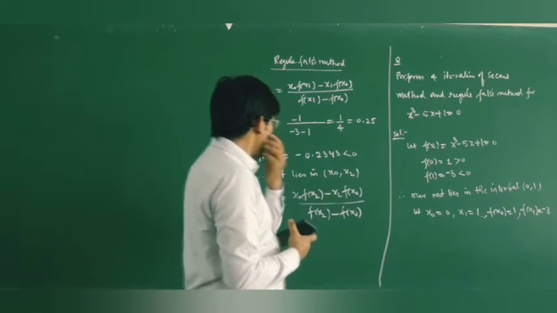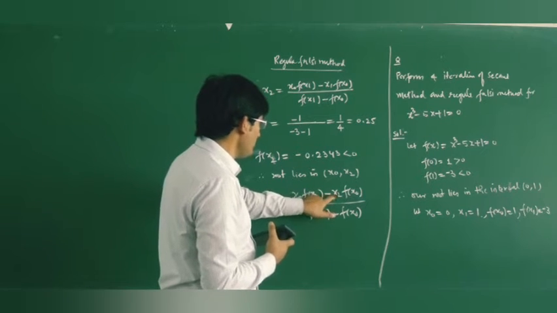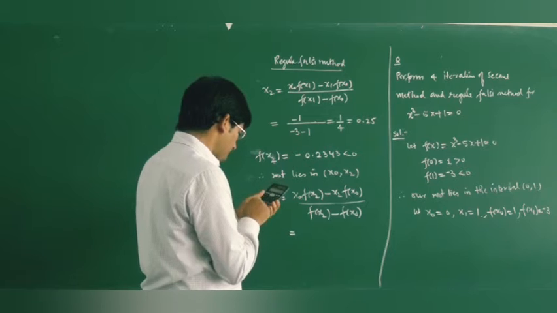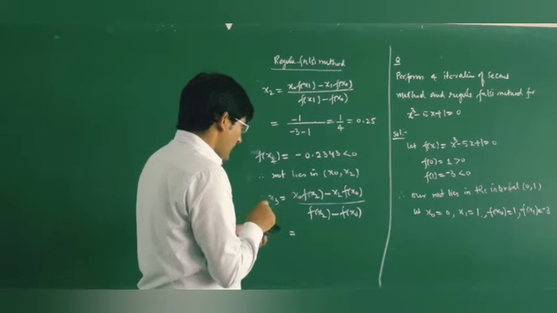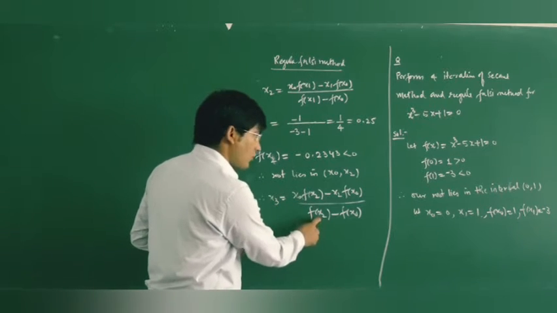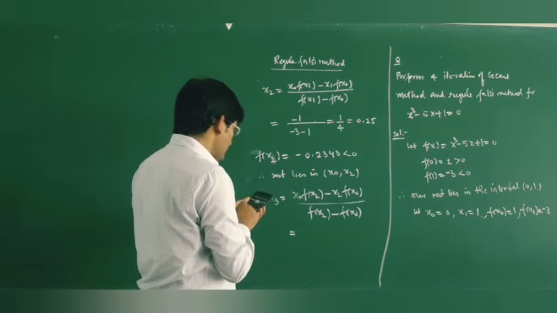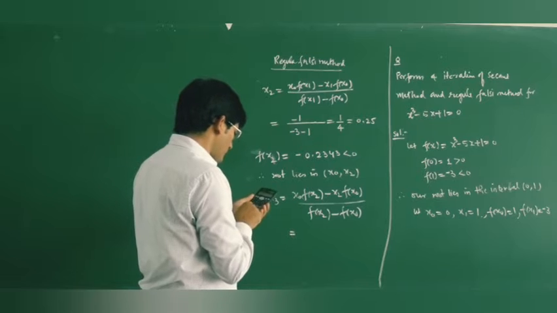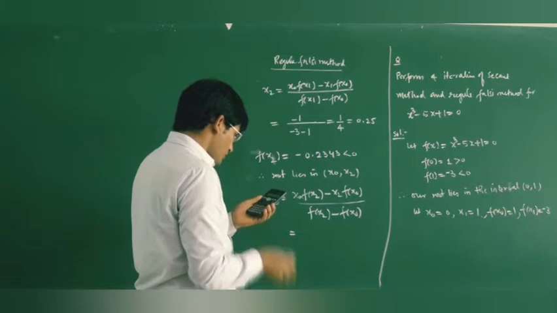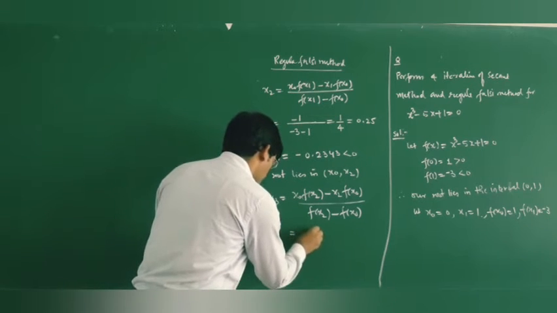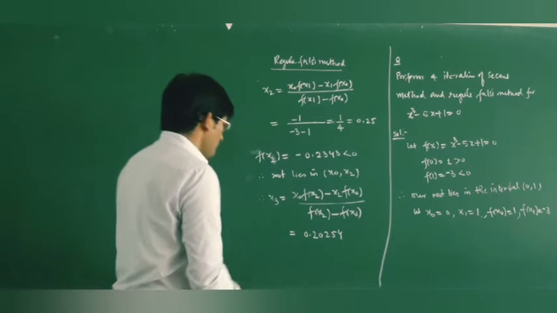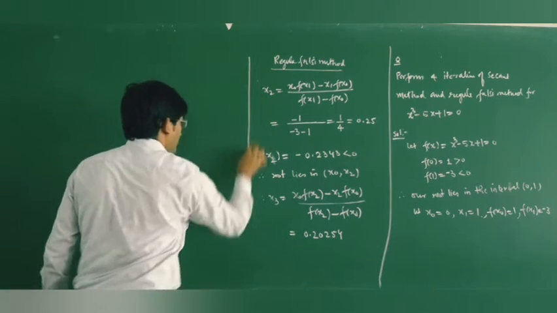Your x2 is 0.25 and your f of x0 is 1, divided by f of x2, which is minus 0.2343, minus f of x0, which is 1. So this is equal to 0.20254. So the value of this x3 is equal to this one.